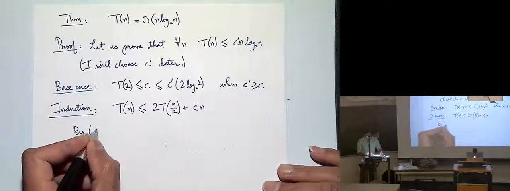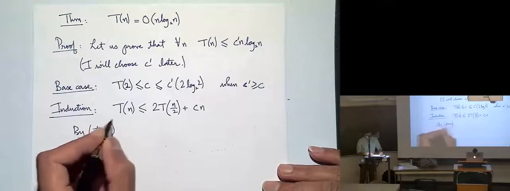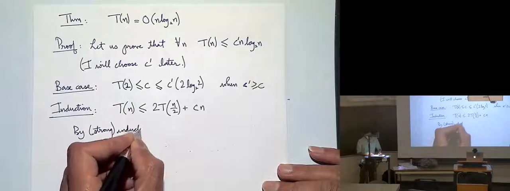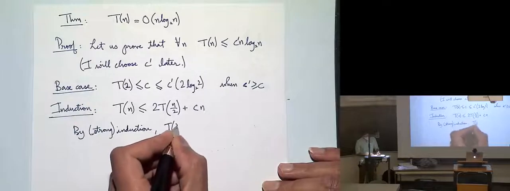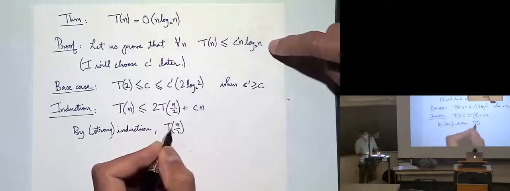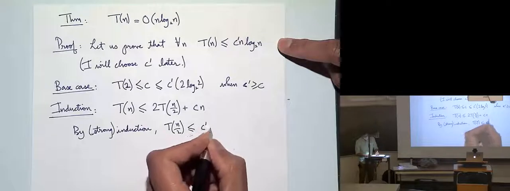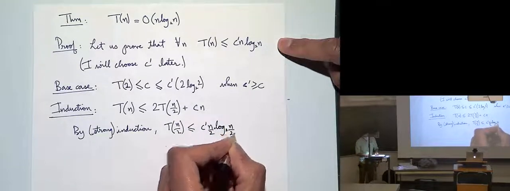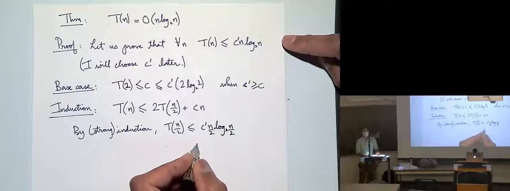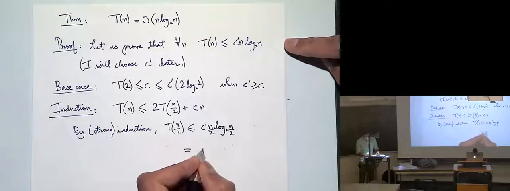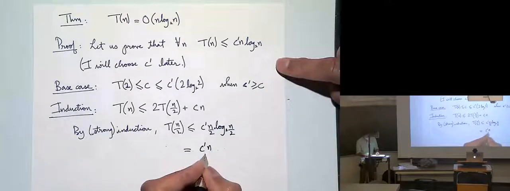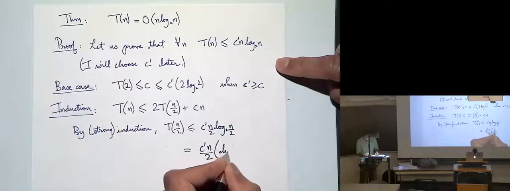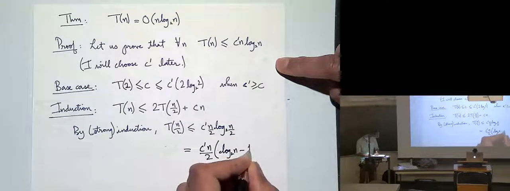By, if you prefer, the strong induction, T of n over 2 is at most C prime n over 2 log base 2 of n over 2, which is equal to C prime, let me do this carefully, n over 2 times log base 2 of n minus 1, right?